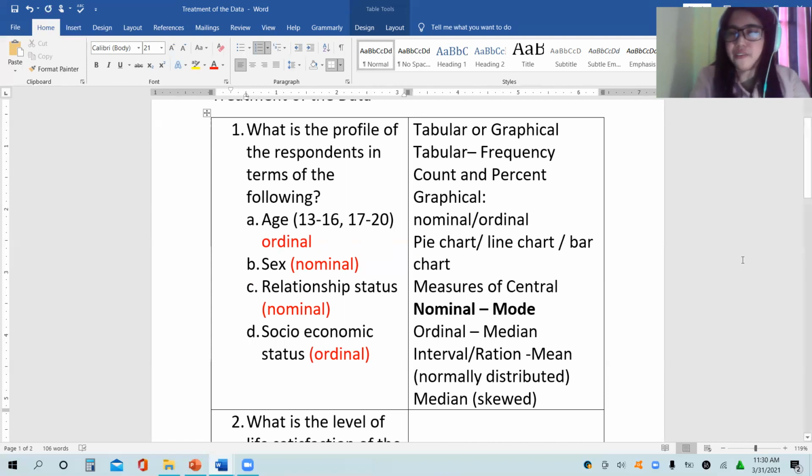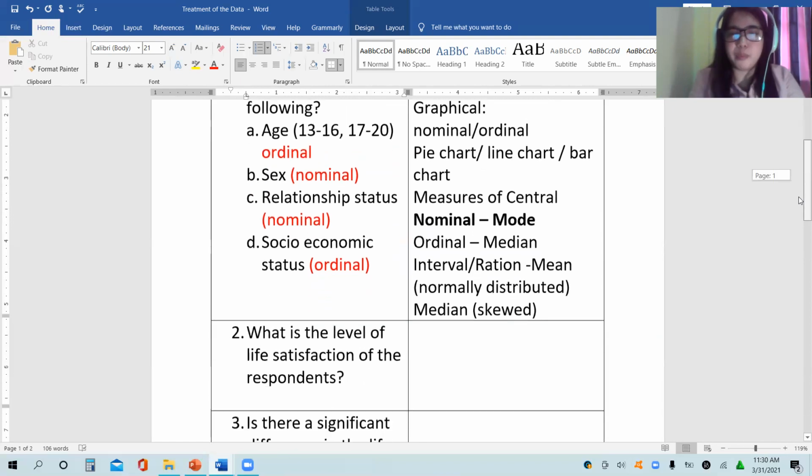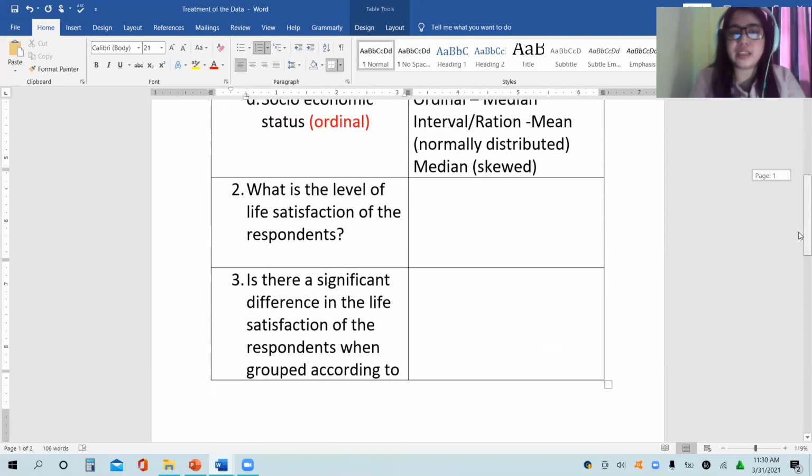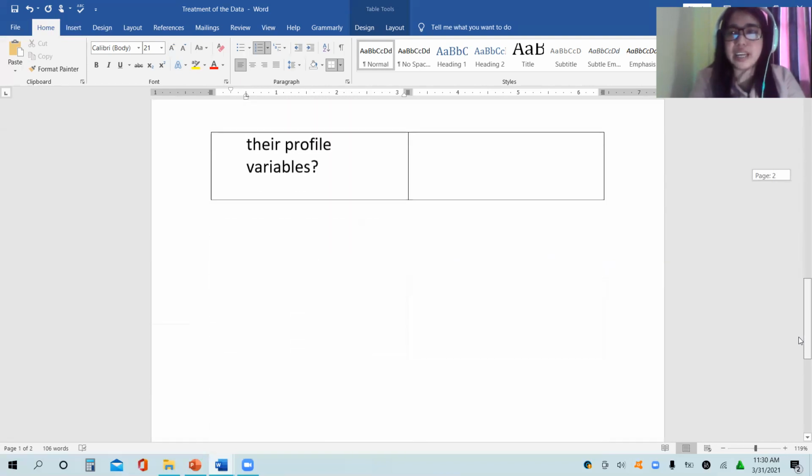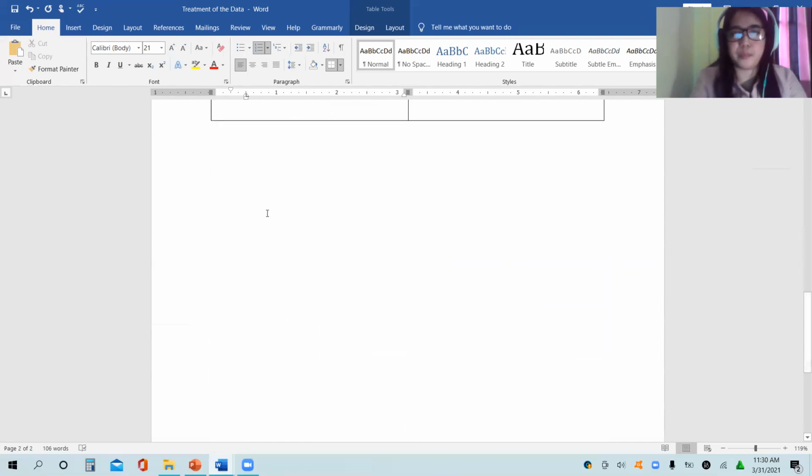Okay, so let us finalize. How will we present our profile variable? In the treatment of the data, usually it is written in sentence form.